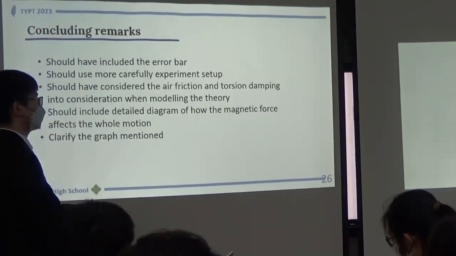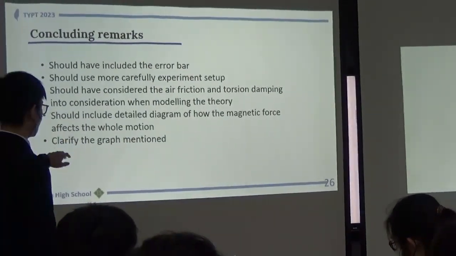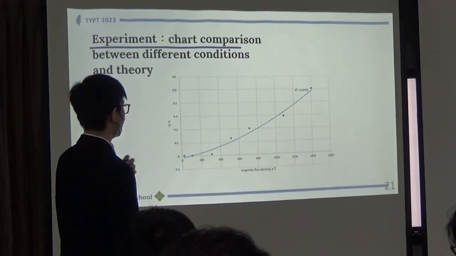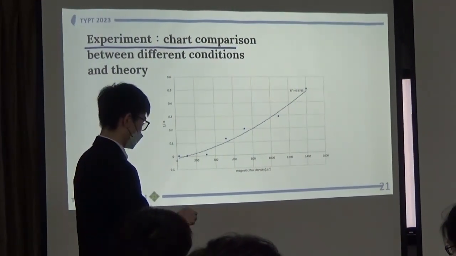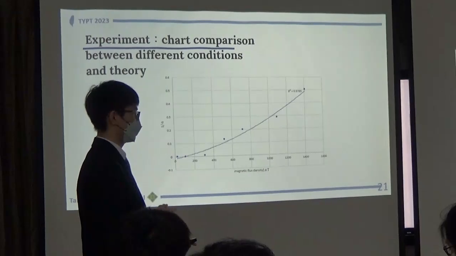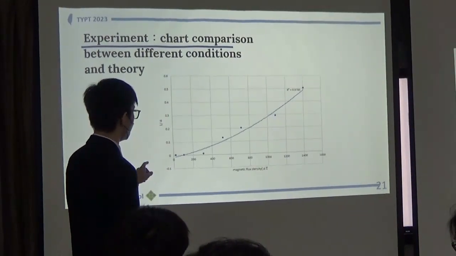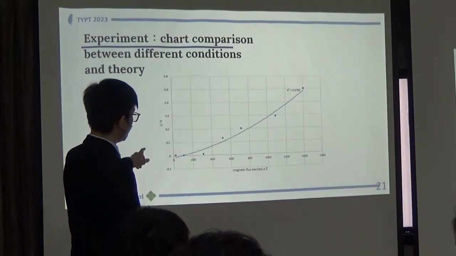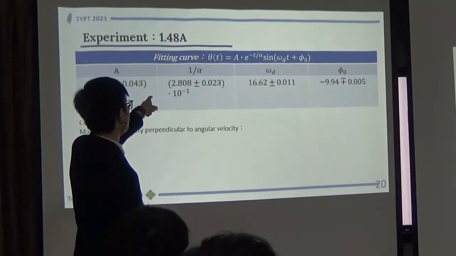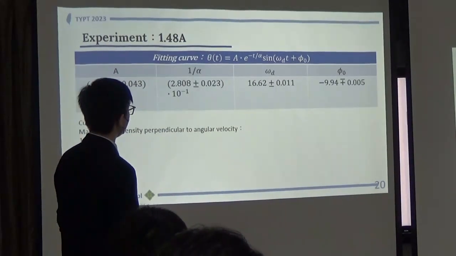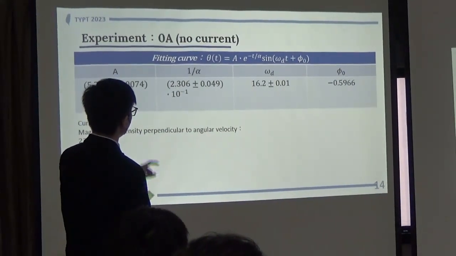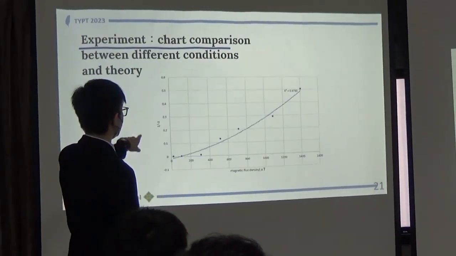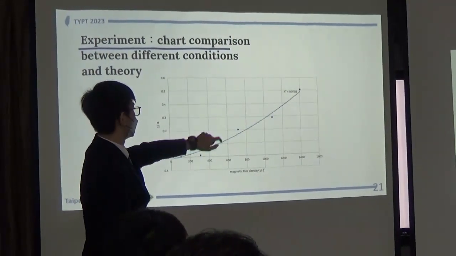And I would like to use the time to clarify the graph that I mentioned here. I used the condition where I didn't put in any electricity as the base, and I subtract it every time, for example this one, the 2.808, and I subtract the base 2.306, which is the dot on the dashed line.